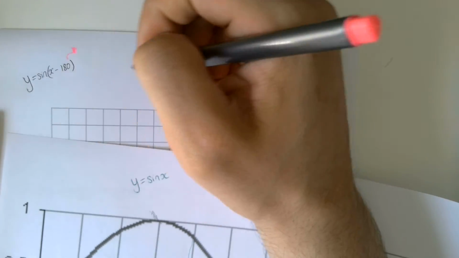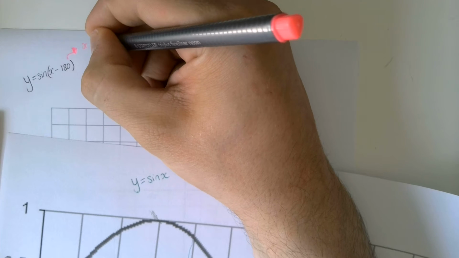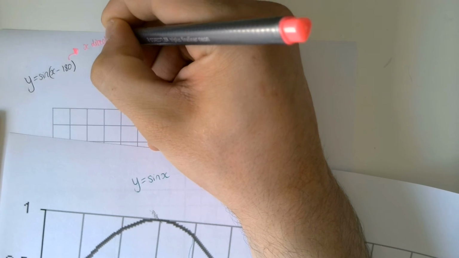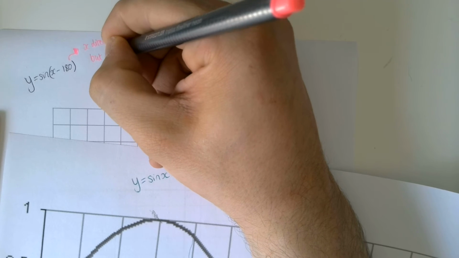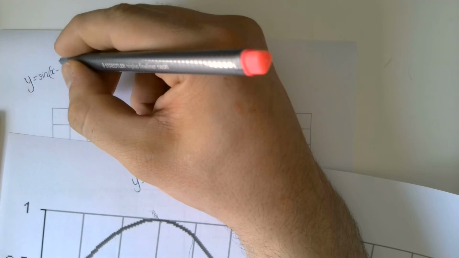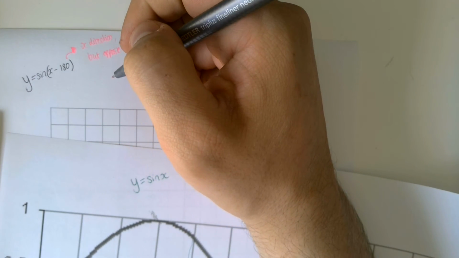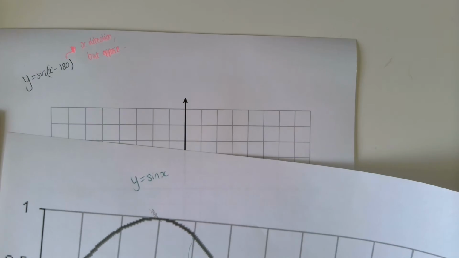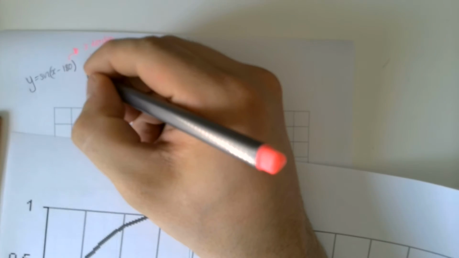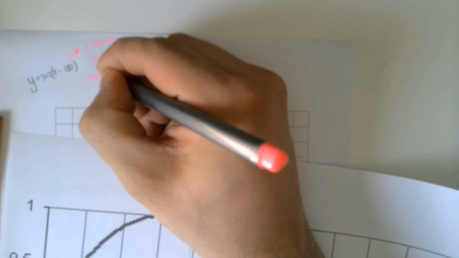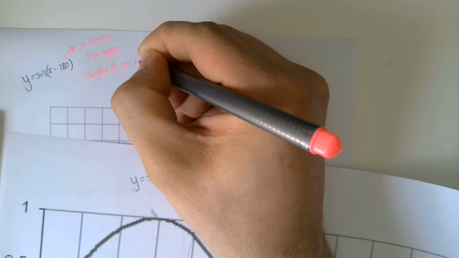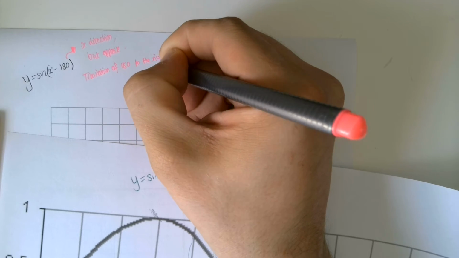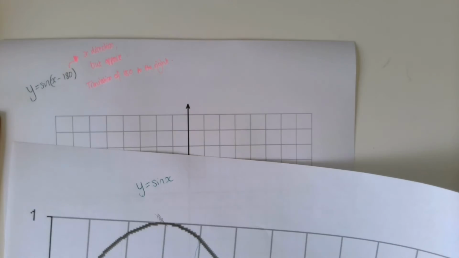It's going to go in the x direction. So a translation in the x direction, but the opposite to what you'd expect. The opposite to taking away 180. So my prediction here about what's going to happen will be a translation of 180 to the right, so in the positive direction.